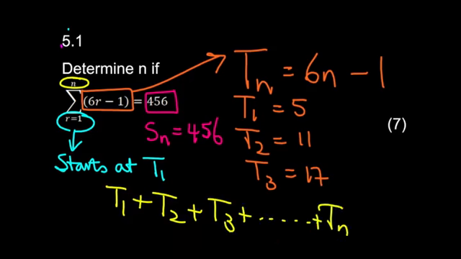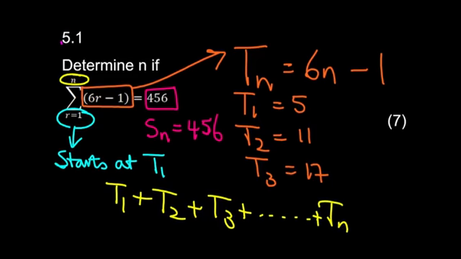So I'm adding a certain number of terms together, and I'm getting 4, 5, 6. The question is, how many terms am I adding up to get to a sum total of 4, 5, 6? So notice how much decoding I've had to do to understand what is hidden behind all these numbers and variables. First is the sequence and how it's made up, the general term. The second is my sum. The third is where I start with my sequence, and the last is where I end, what is my last term.